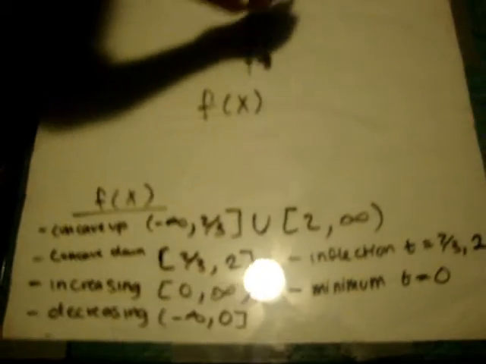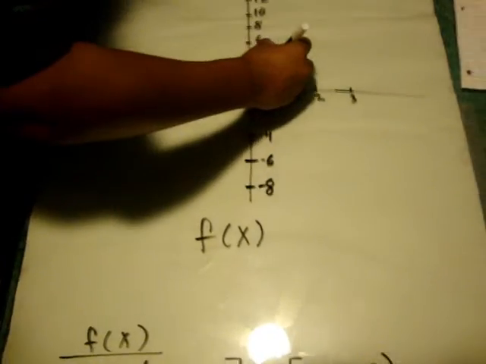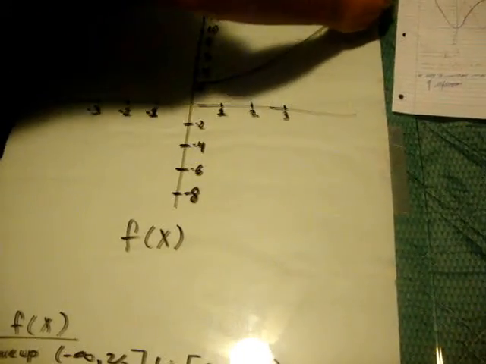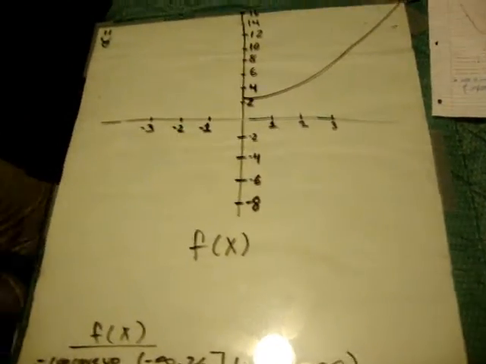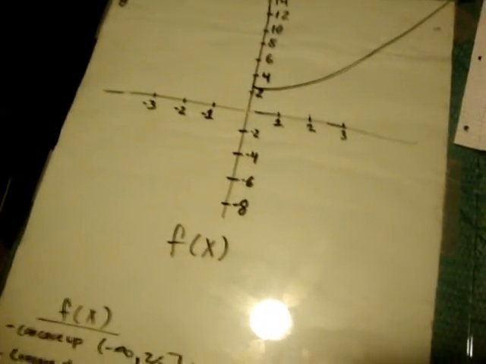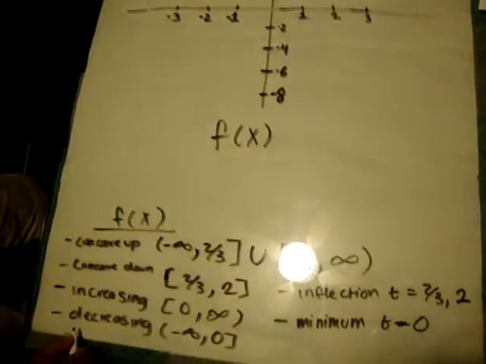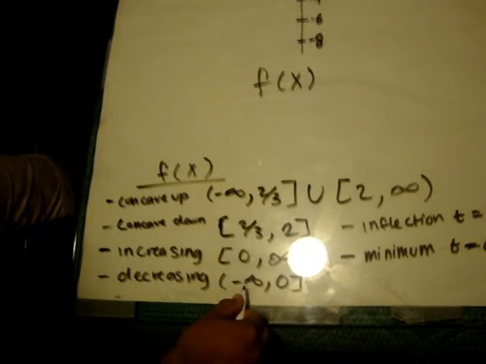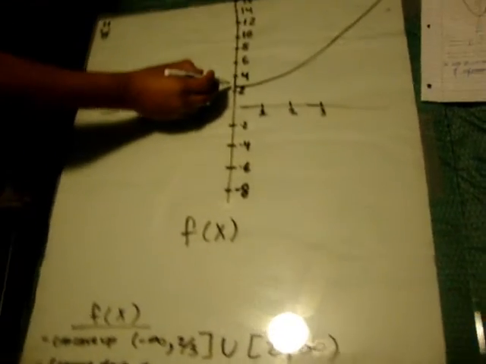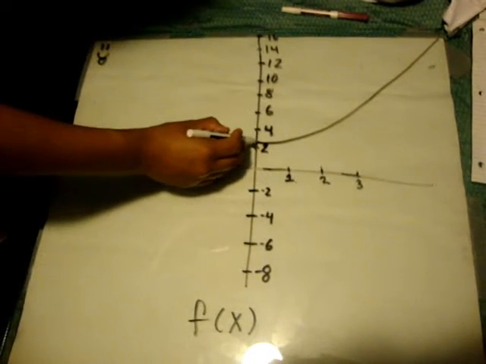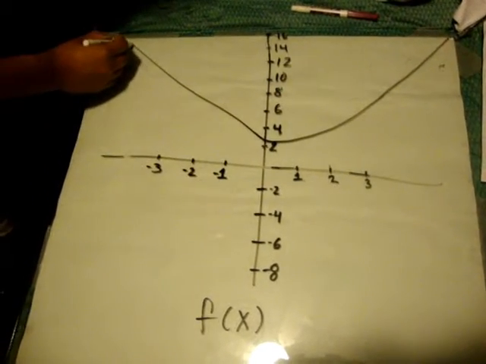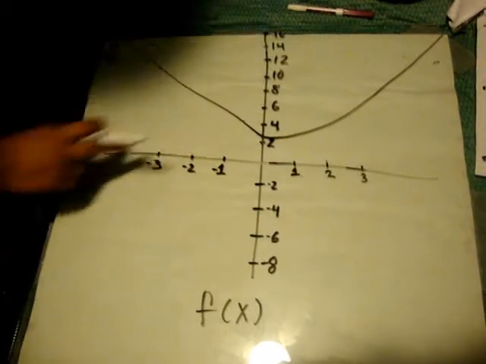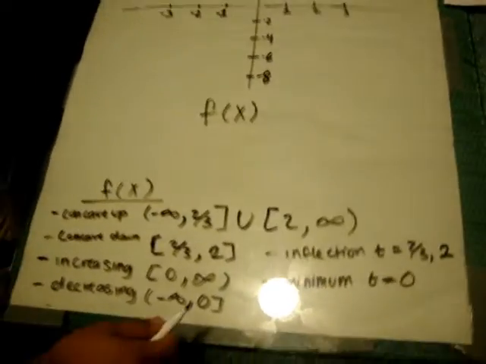So we're just going to choose a point around here, and it's just going to be increasing. And here it says that it's decreasing from negative infinity to 0. So we're going to do the same on this side. You see how that's decreasing? Yeah, that's decreasing. Okay.